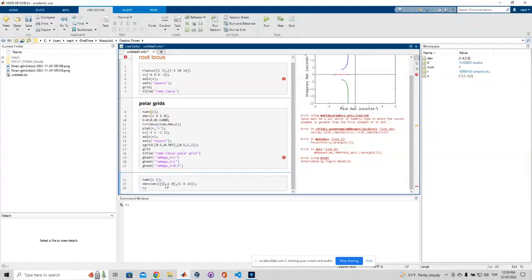So, you can define your system like this: your numerator, and your denominator as the convolution of two vectors. You can just use the conv function to get the convolution of two vectors, and then you're going to define your R as a root locus again. Inside, you're going to define your numerator and denominator.